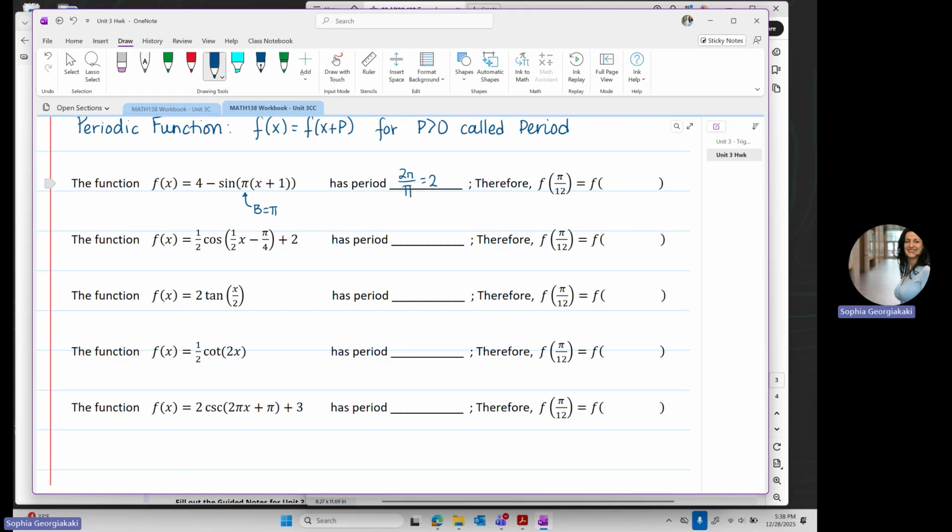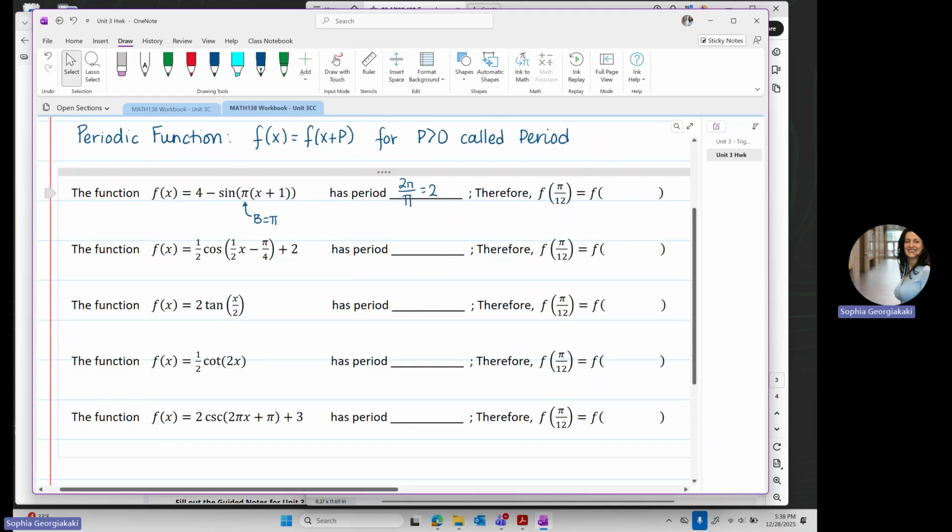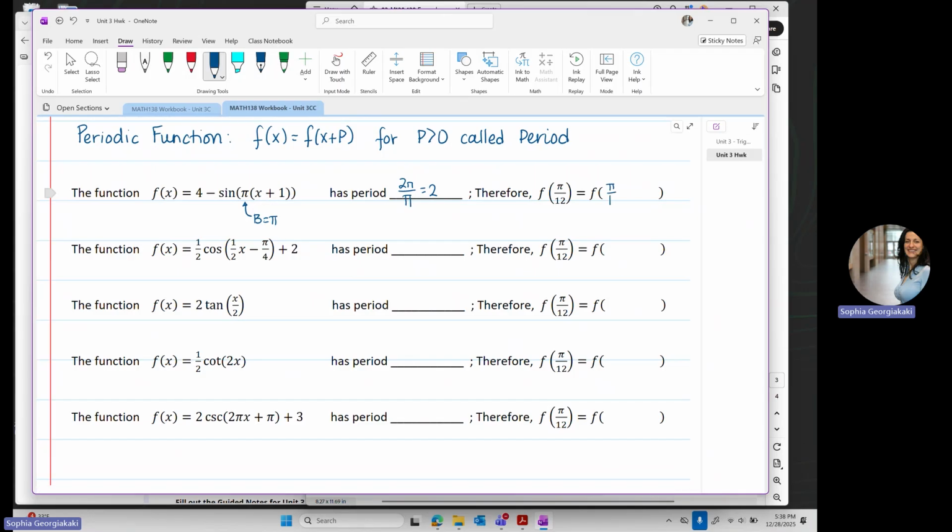Based on the property of periodic functions, the angle pi over 12 will have the same y value with an angle, for example, pi over 12 plus the period of 2. Of course, I could add multiple periods. I could add -2. I could add -10 times 2. And still I will get an angle that has the same y value with pi over 12.